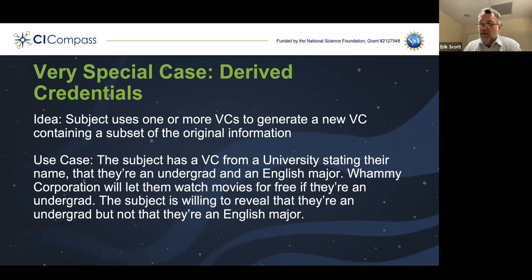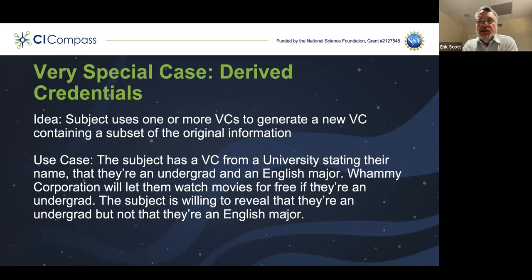The one area where this really starts to get off into the weeds, and I am going to gloss over this, mostly give you an idea that it can be done, and give you a starting point for where to look at it if you need to. One of these is the idea of a derived credential.